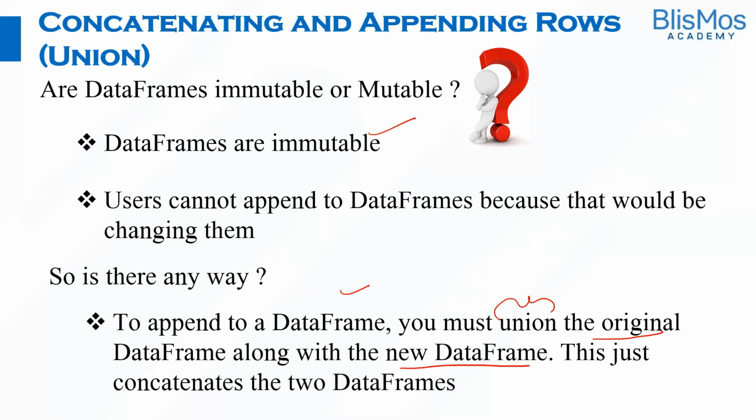Essentially, it is concatenating the two data frames based on a particular condition. The resultant data frame would have the rows matching that condition appended into the original data frame. That is how you go for a workaround to append rows into a data frame.